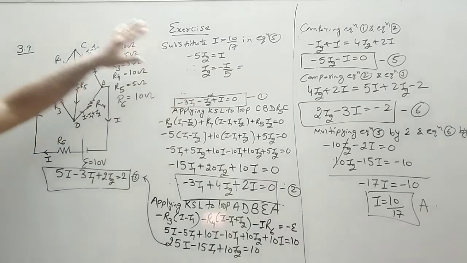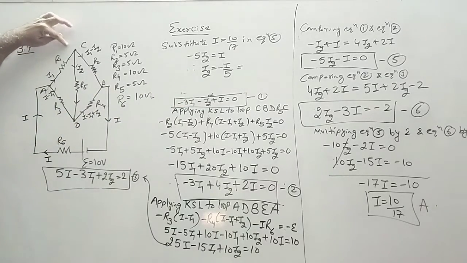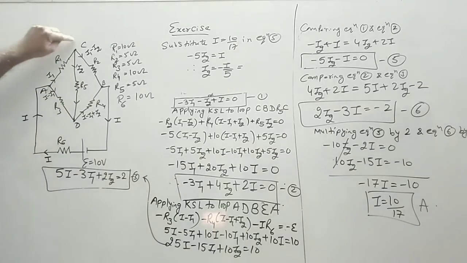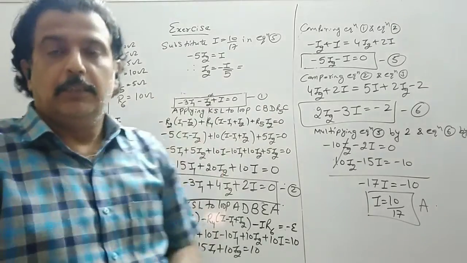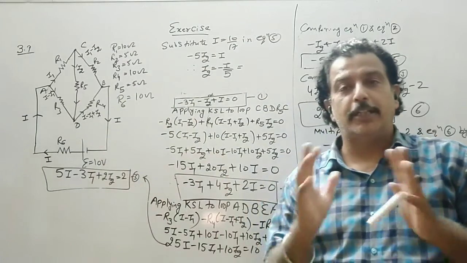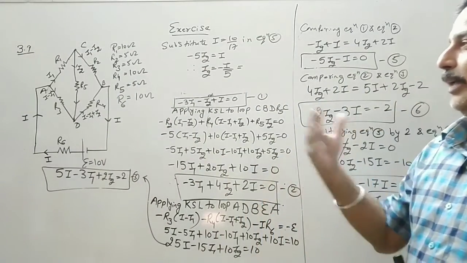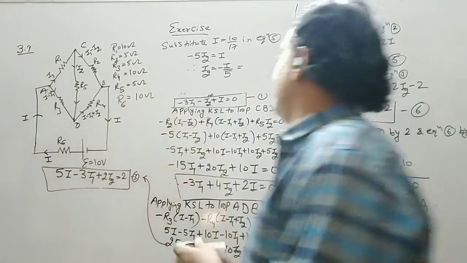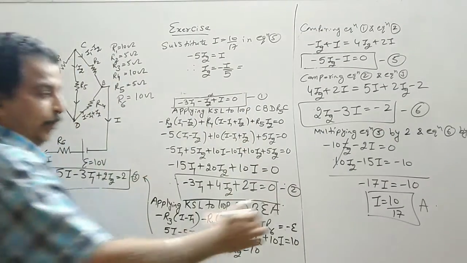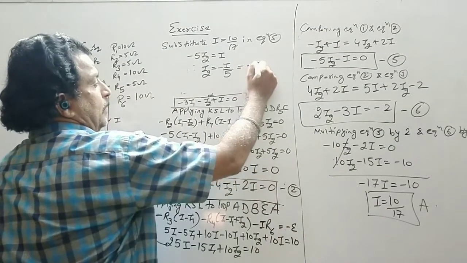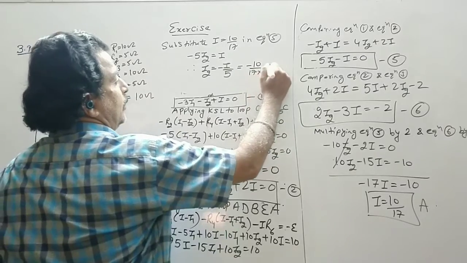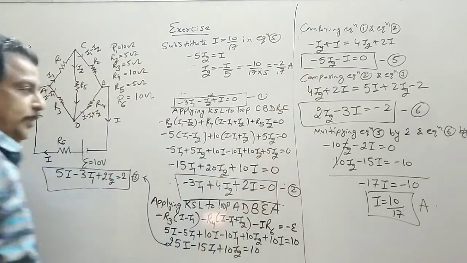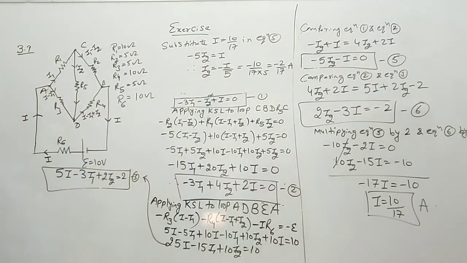It means the direction of the current we have taken from C to D, actually it should be from D to C. So it is possible that while applying Kirchhoff's law, current comes out to be negative. It means the potential at D will be high as compared to potential at C. However, first we substitute this value, so it becomes minus 10 upon 17 into 5, that is minus 2 upon 17 ampere. So this is your I2.